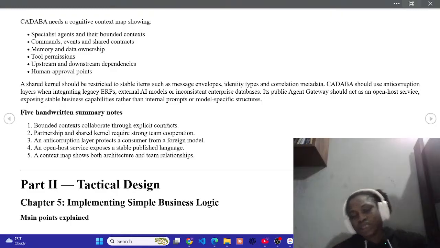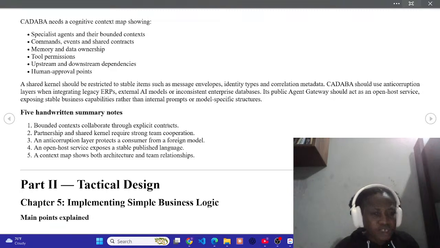There must be a rule that says this contract can only go to this length. It can't cross beyond this length to another length. So you should design an anti-corruption layer to protect a consumer from a foreign model.